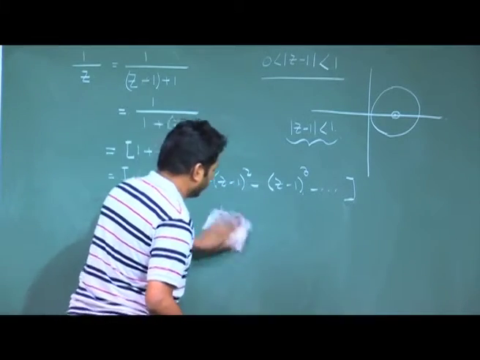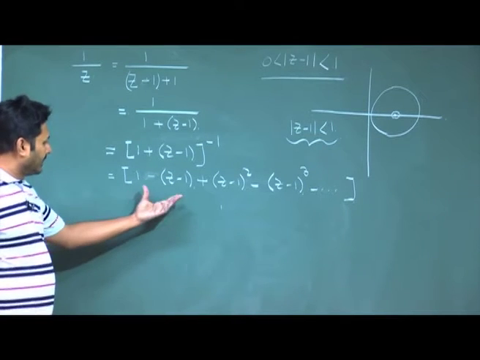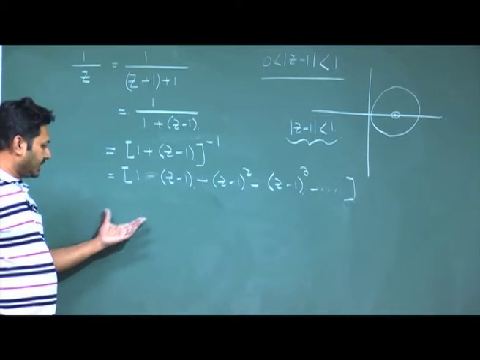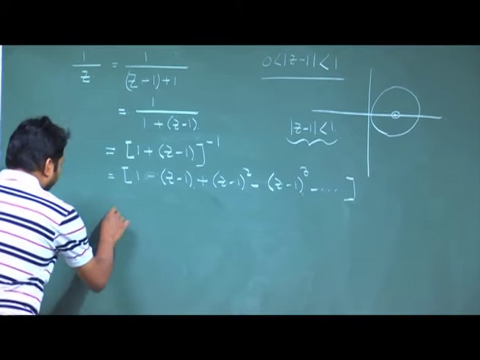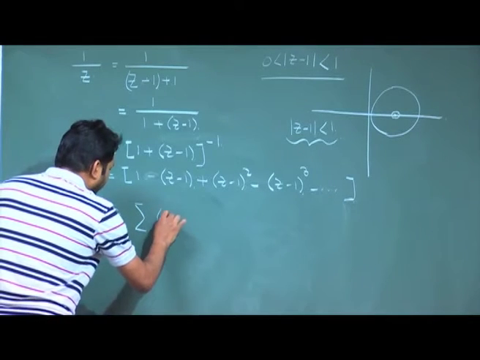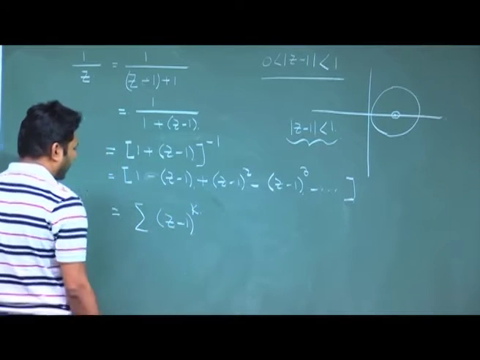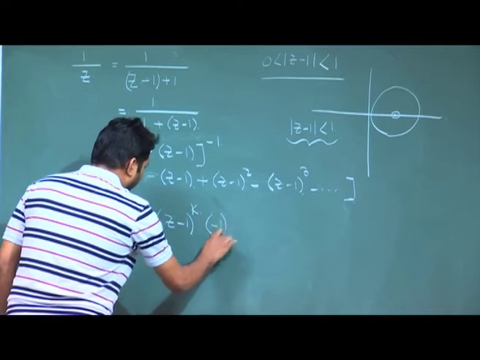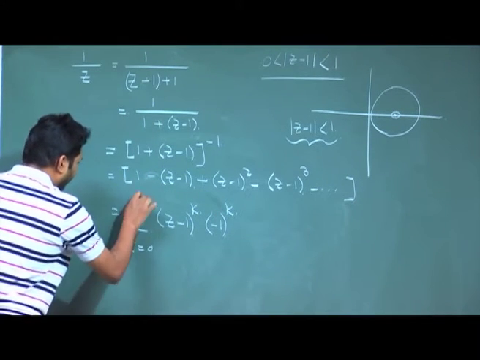This is the functional form we have, and let me erase these things here. I should write the function somewhere. So this is the form. If I write it in summation form, it will be z minus 1 whole to the power k, times minus 1 whole to the power of k, k goes from 0 to infinity.